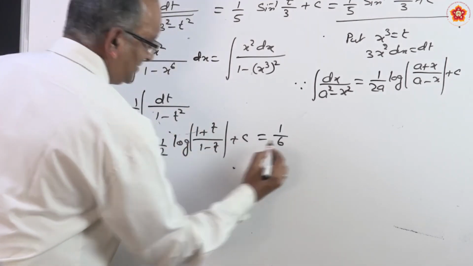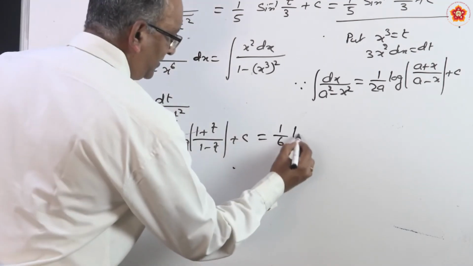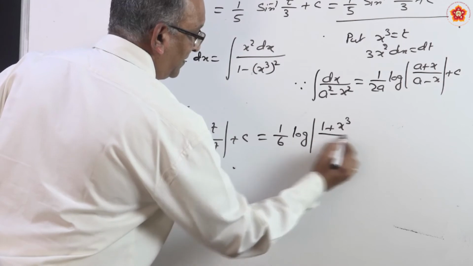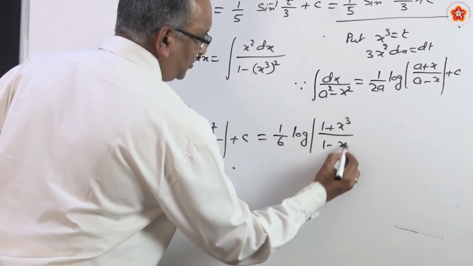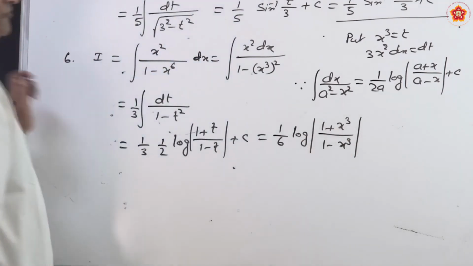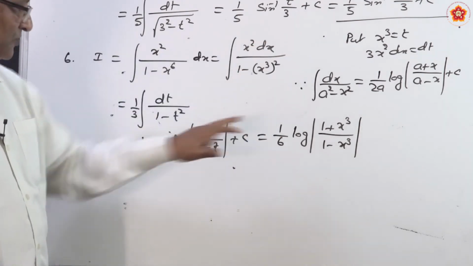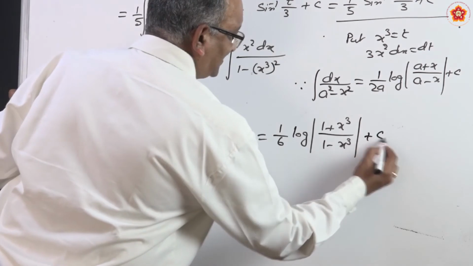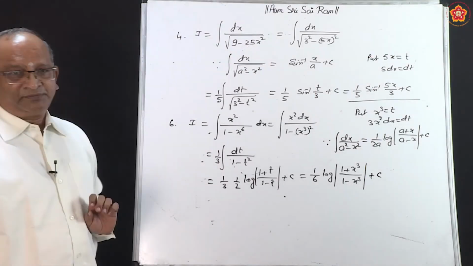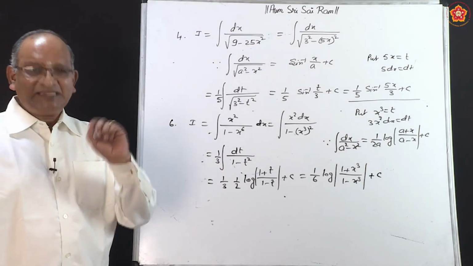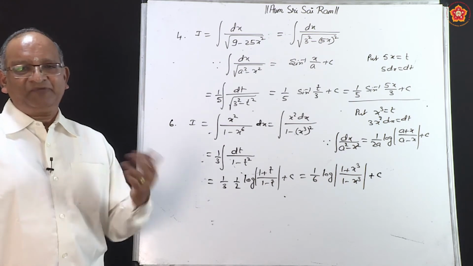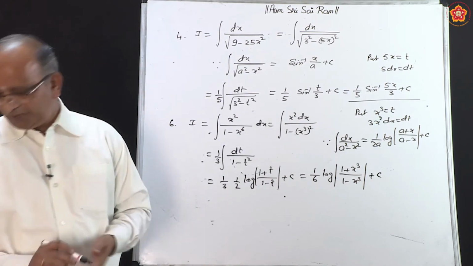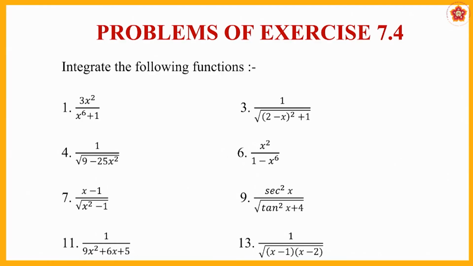So, it is 1 by 6 log of (1 plus x cube) upon (1 minus x cube). Why? Because we assumed x cube as t. So, 1 plus t is 1 plus x cube by 1 minus x cube, plus c. This is the answer. So, you can see that in each problem we are using a different formula. So, here we have used this formula. Let us move further.